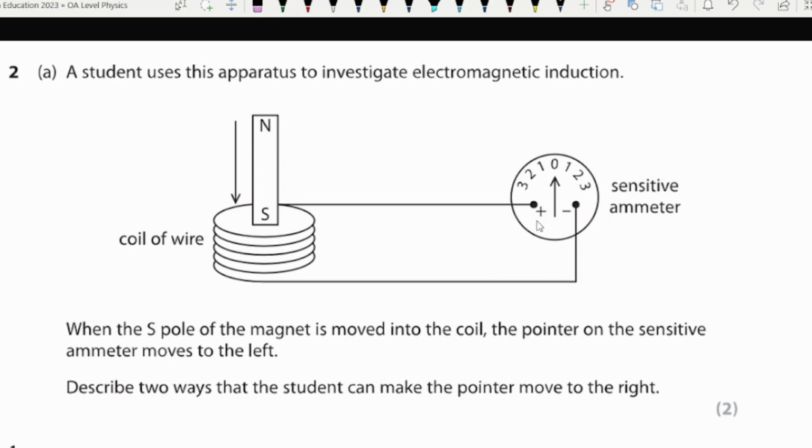There's positive induced current on the meter because the left side is representing the positive. Describe 2 ways that the student can make the pointer move to the right. Alright, very easy question. What they are asking is, how can you change the direction of the induced EMF? So what you can do is, if you're pushing the magnet towards the coil and you do the reverse of it, the direction of the induced current would be changed.